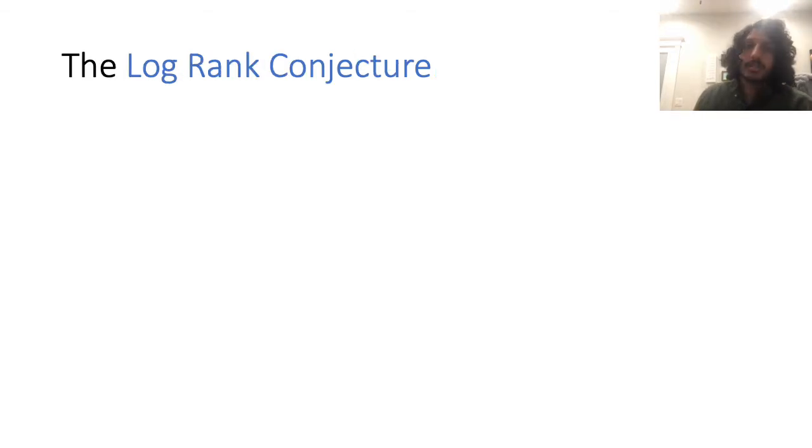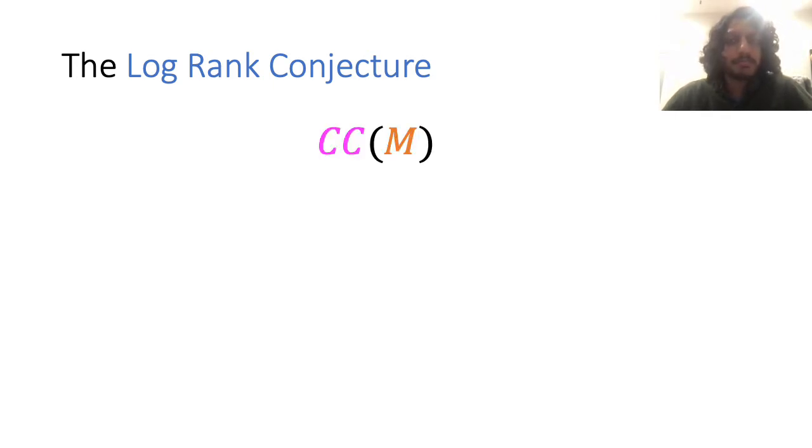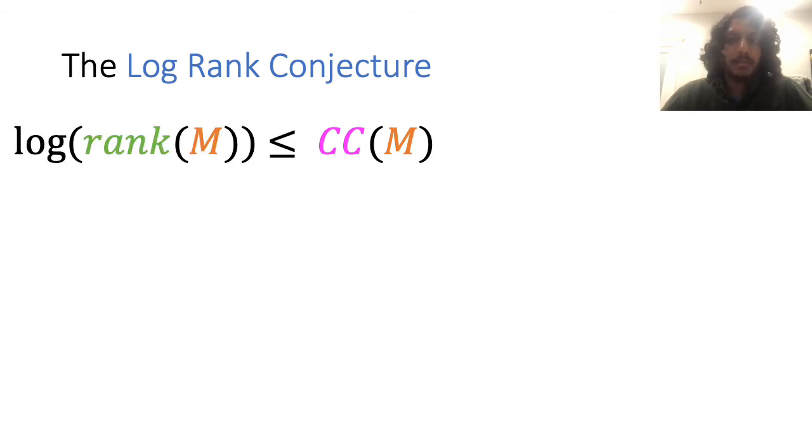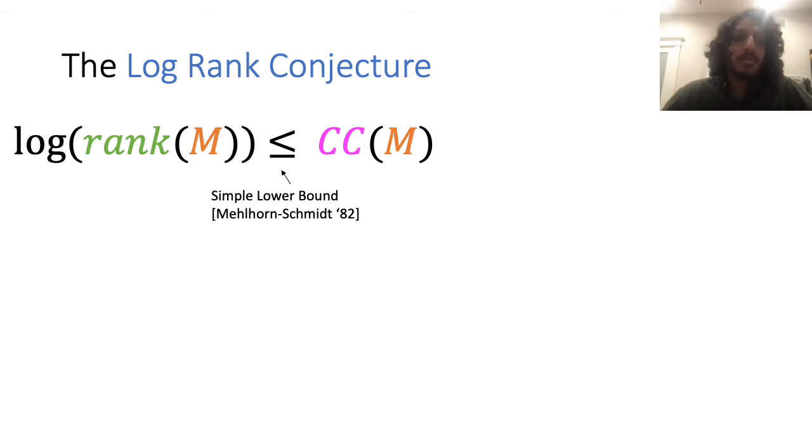And I mentioned a little bit about how this is somewhat related to the log rank conjecture, so let me just state that. In the log rank conjecture, the goal is to estimate the communication complexity of a matrix. Way back in the early 80s, people realized that there's a very simple lower bound for communication complexity, which is just the log of the rank of a matrix.